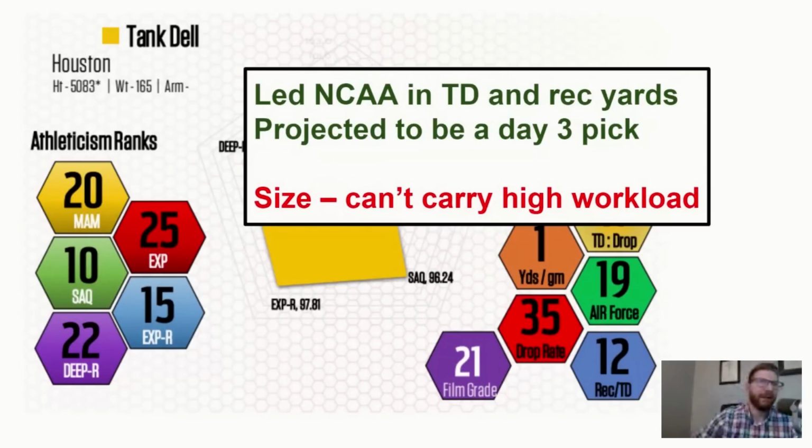But you can use him in spots, and Andy Reid loves having tools. And Tank Dell could be potentially another tool. And the reason he's going to be a day 3 pick from all the predictions I've seen is just his size. He can't be a 3-down player, and he's at risk to have some issues with injury.